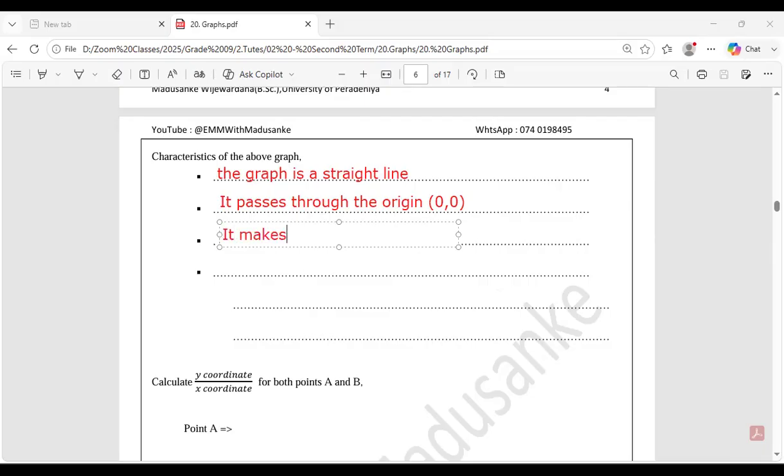It makes an acute angle with the positive side of the x-axis.